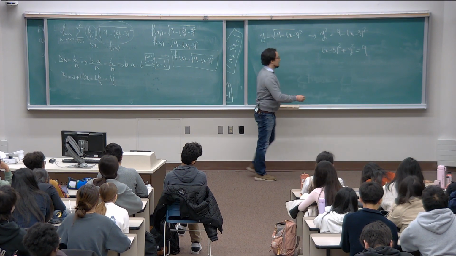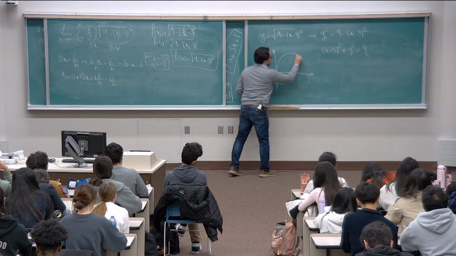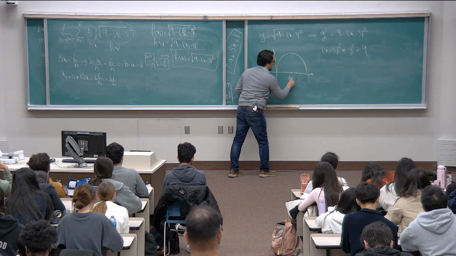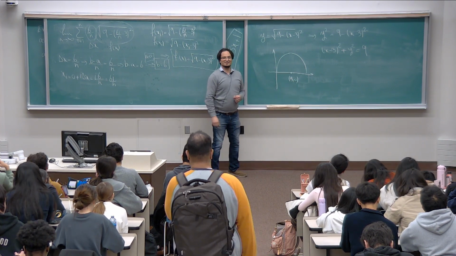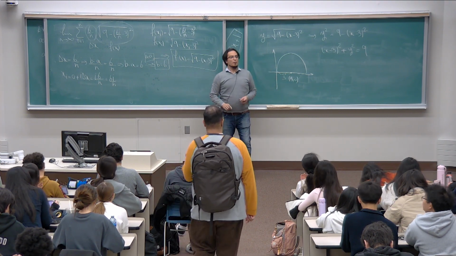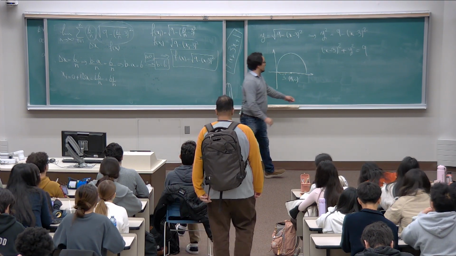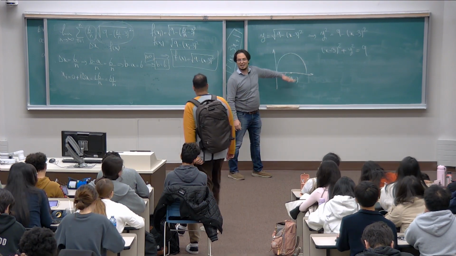What kind of circle is that? It's a circle of radius 3 centered at (3, 0). This is 3. Why is it a semicircle? Because my y here must be positive, so I am only taking half of it.